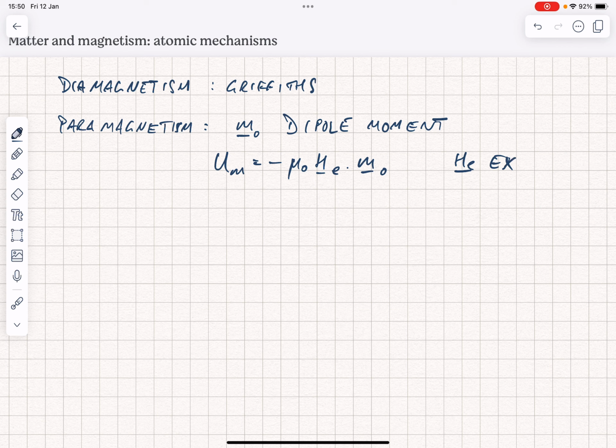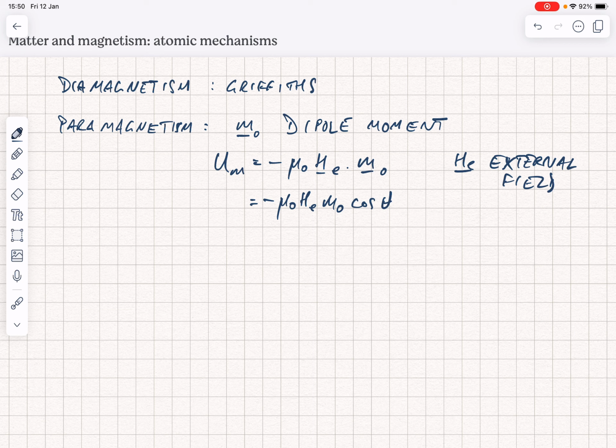So this is some kind of applied external field. And we can, of course, then write that as -μ0 H m0 cos θ, where we're only using magnitudes. Okay, so that's true for one dipole moment.